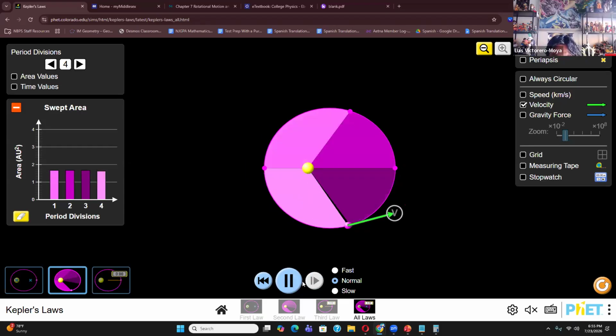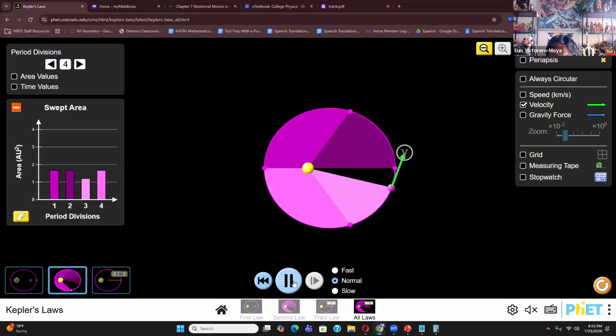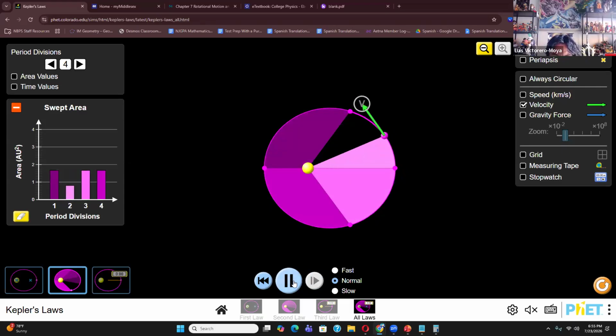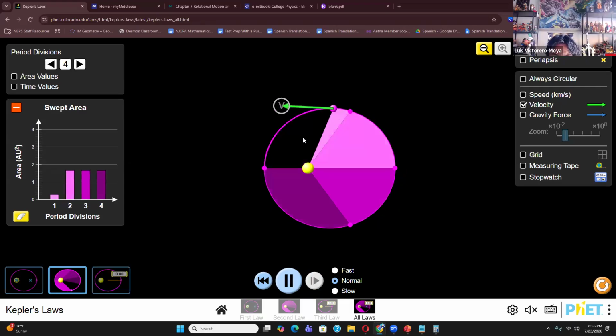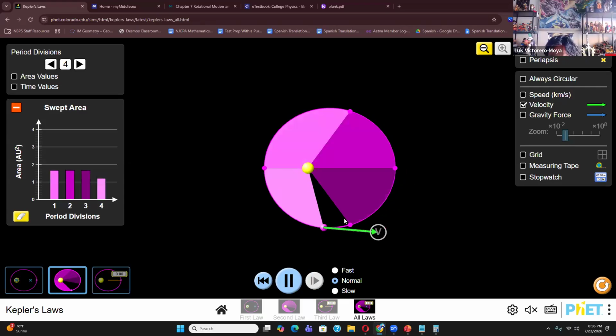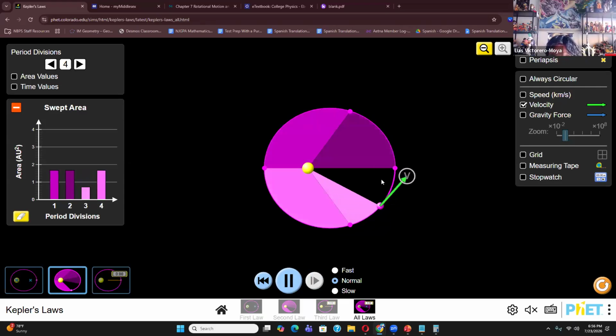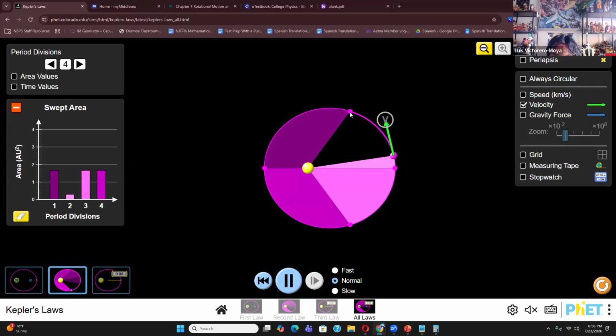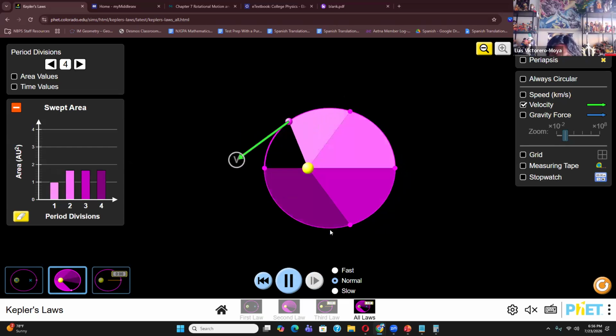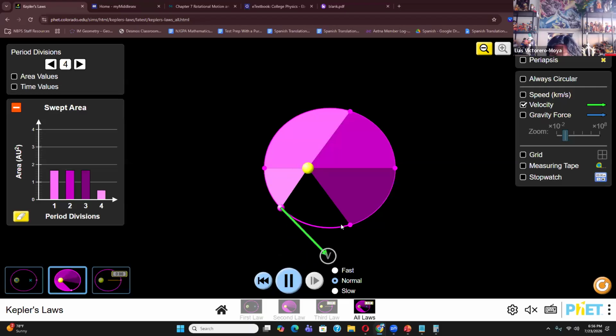So this basically allows you to explain that even though the planet is traveling at a faster rate here than here, the area swept by the planet here is equal to the area swept by the planet here. All right.